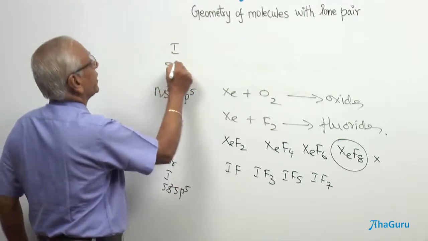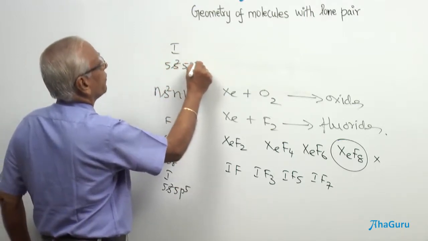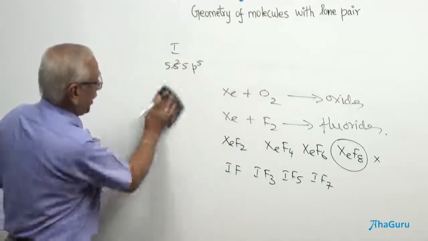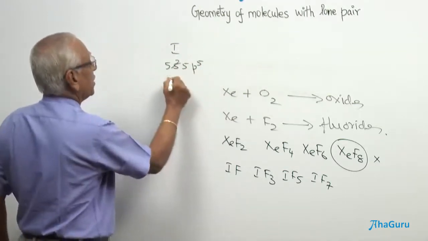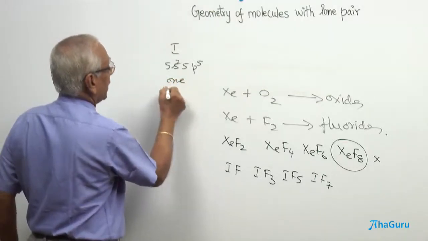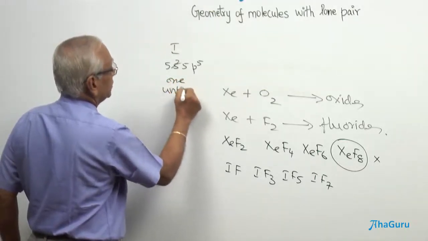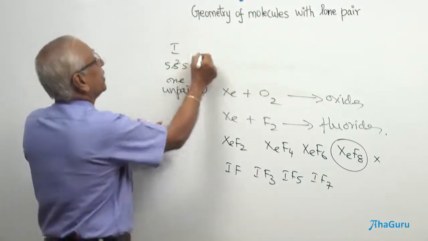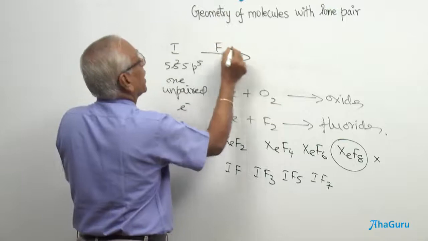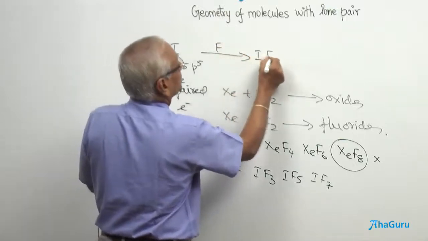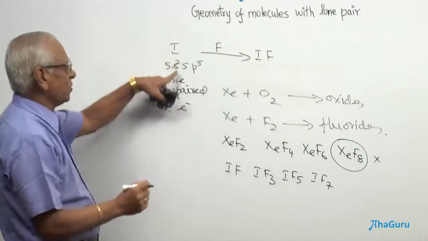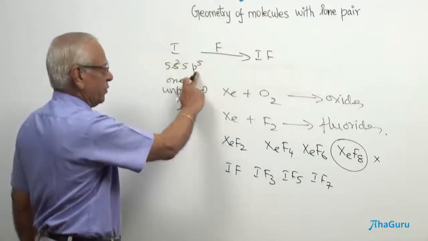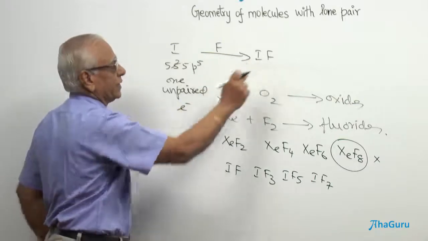And this 5s2, 5p5 has only one unpaired electron. And this one unpaired electron requires only one fluorine atom to form IF. Therefore, that is the ground state configuration, with only one unpaired electron, so it combines.